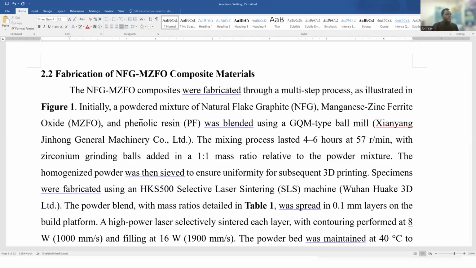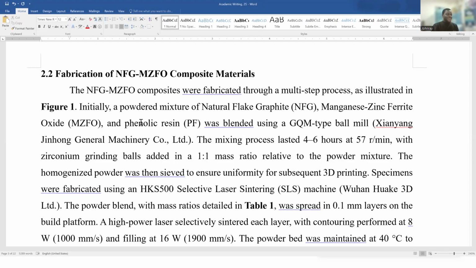Initially, a powder mixture of natural flake graphite, magnesium zinc ferrite oxide, and, please, the other word there, phenolic resin. So you can just continue reading. Resins was blended using a Gene QM type ball mill. The name there I will not mention.